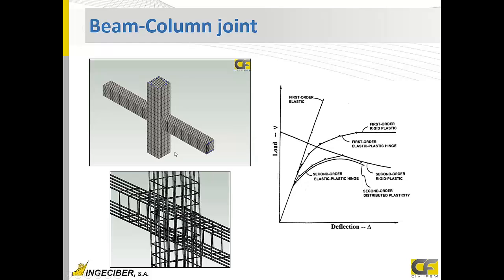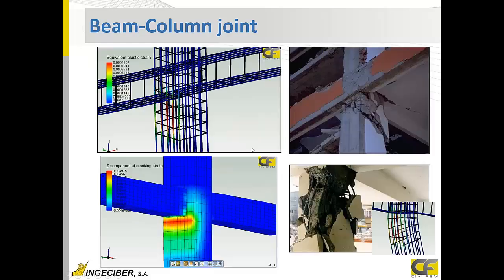So that is what we've done using solid elements for concrete and trusses for bars, and performing this nonlinear analysis to obtain the ductility and the possible collapse of the structure.